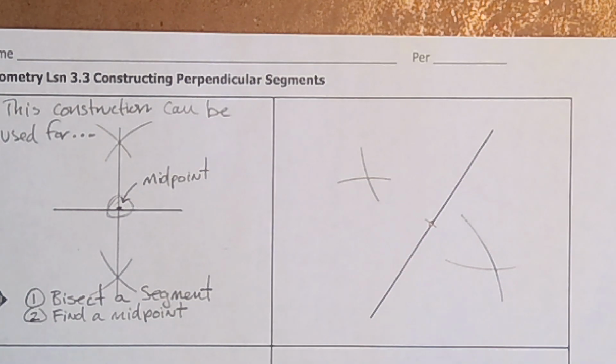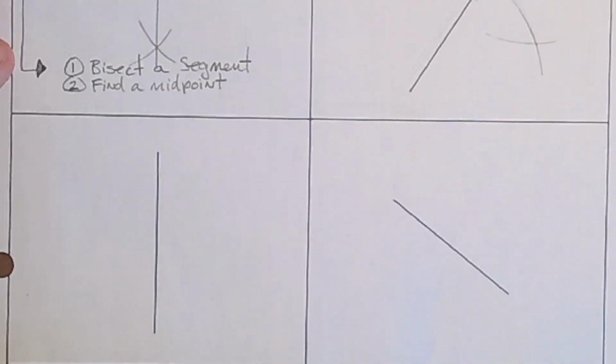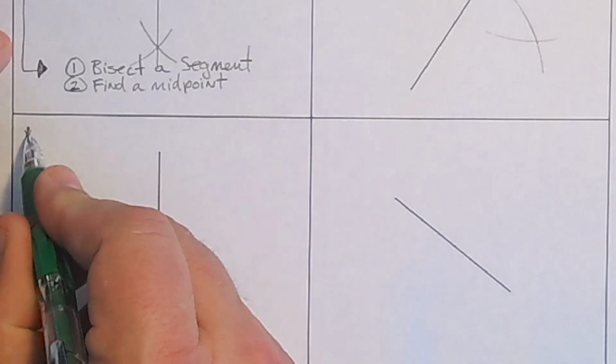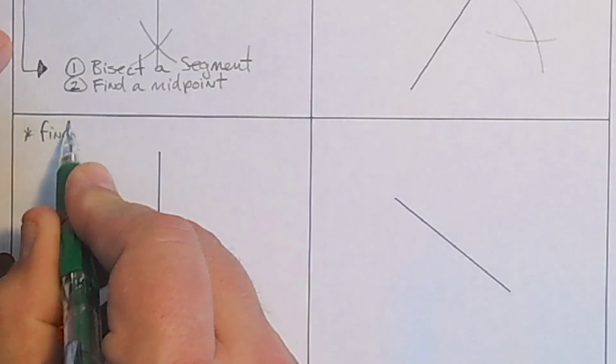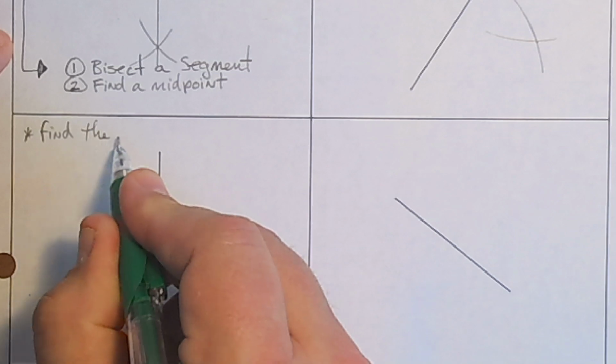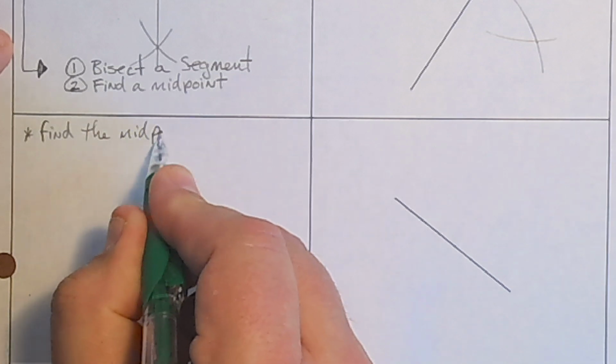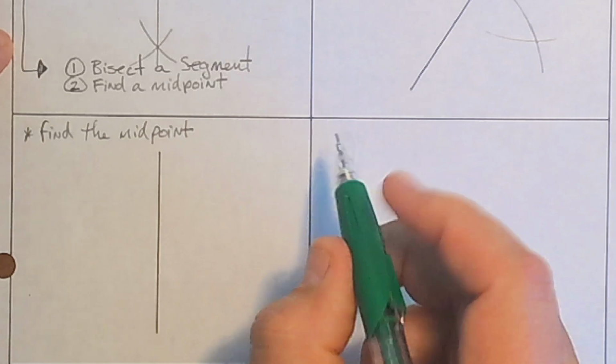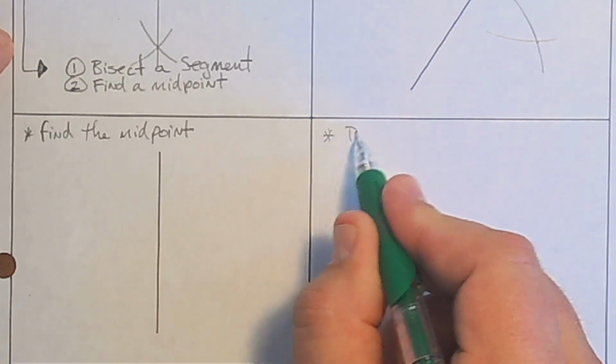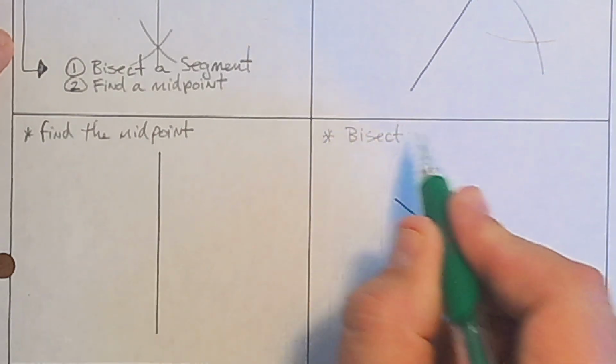Here's what I want you to do. On this example right here, I want you to find the midpoint, so write that down. And on this example right here, I want you to bisect the segment.